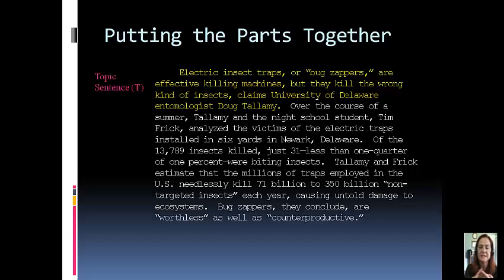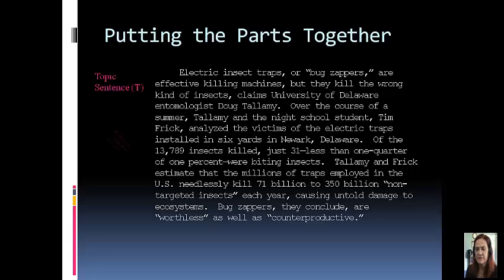First, it tells us the main idea, or the main topic: electric insect traps or bug zappers. Then it makes a claim that they kill the wrong kind of insects, which has to be proven. And then it states the authority of the person claiming this, who is Doug Tallamy, who works at the University of Delaware, and what he does for a living is an entomologist. So it establishes him as an expert.